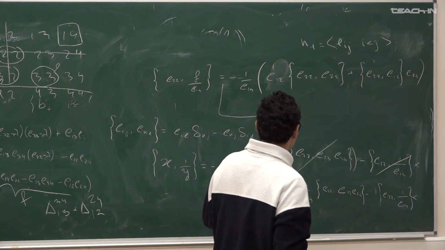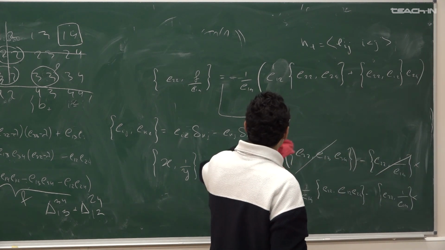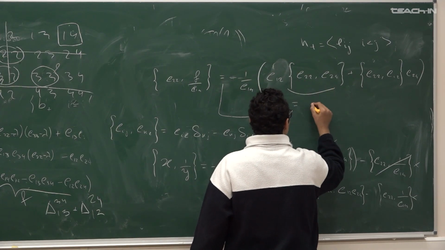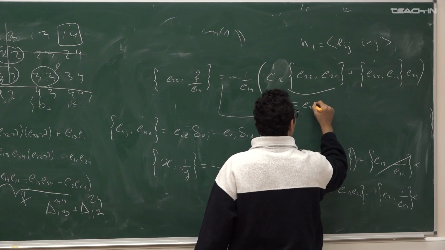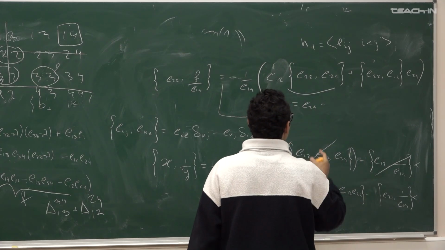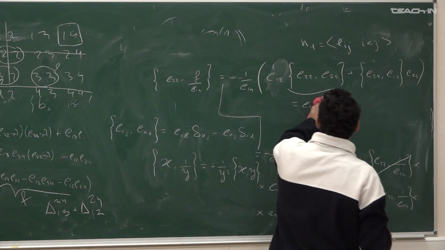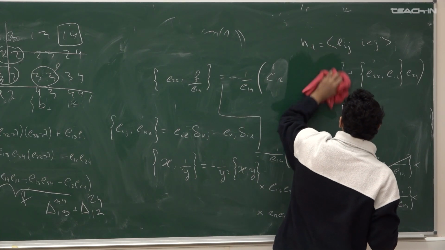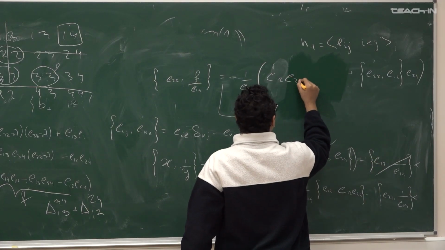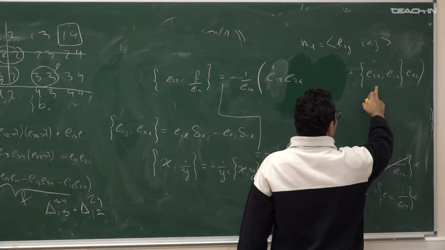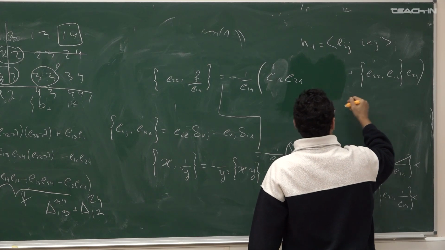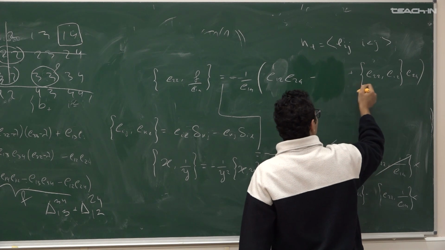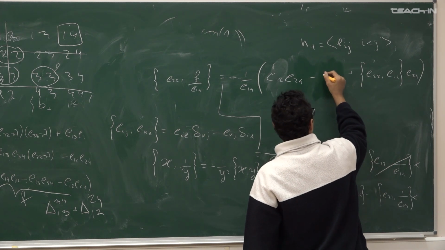So for this term, instead we have e to 4. So this is equal to e to 4 minus just e to 4. So here we cancel. And for this other term, we have instead the minus 1, 2.